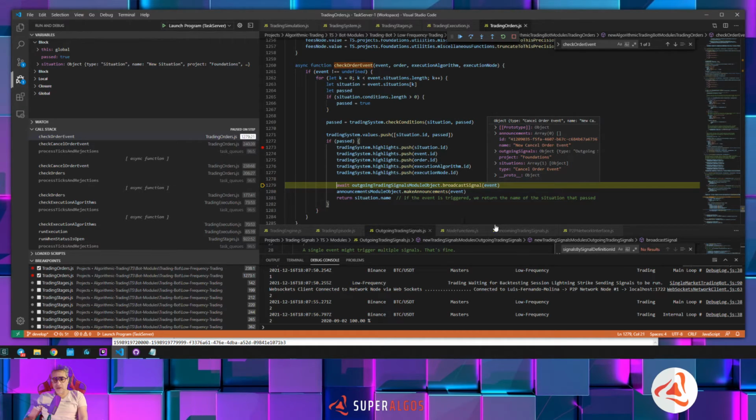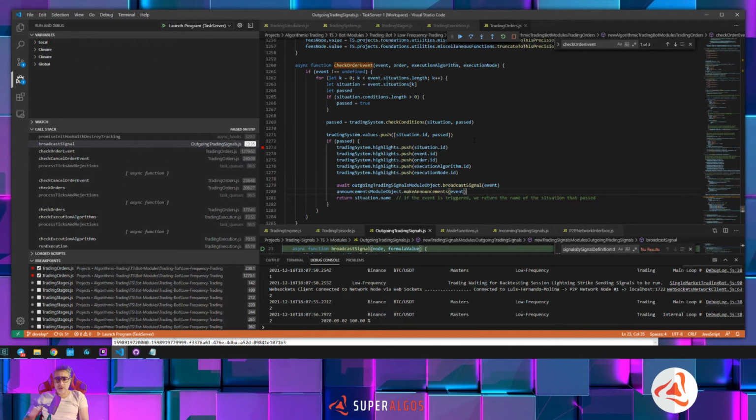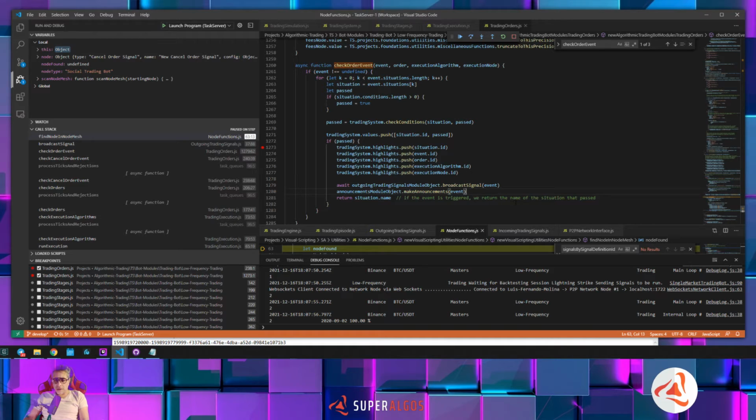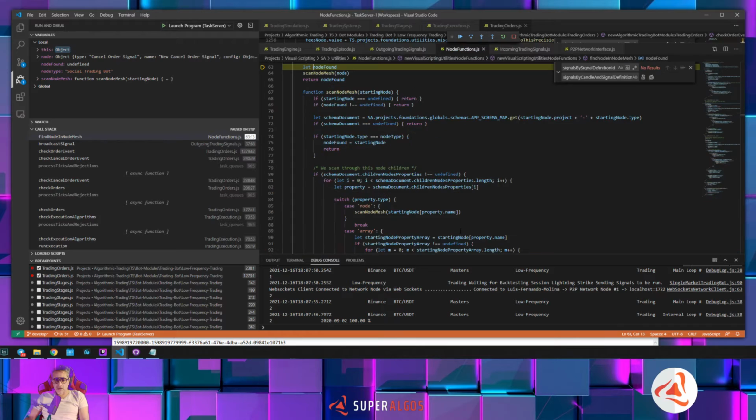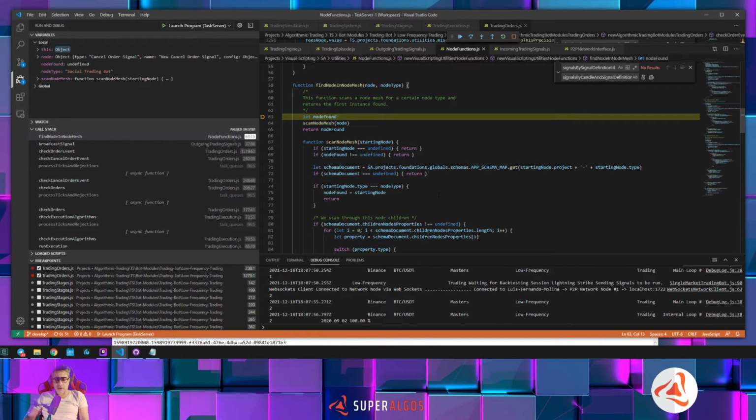Okay, so we enter there. And why are we somewhere else? Why are we here? Why are we find node mesh?